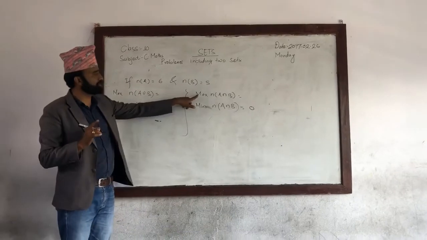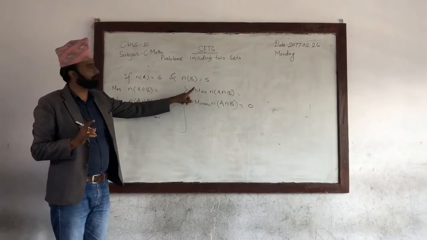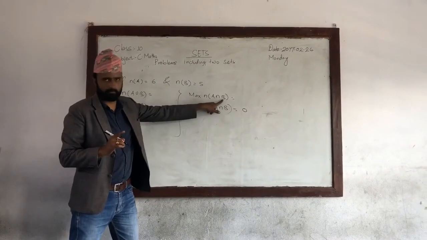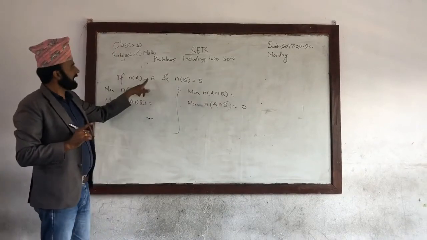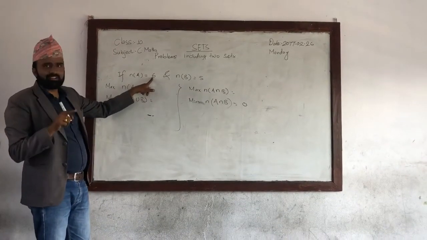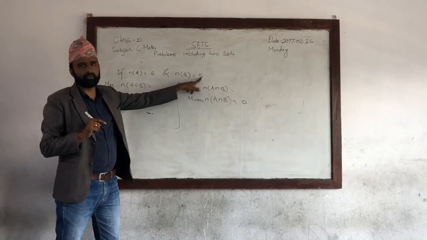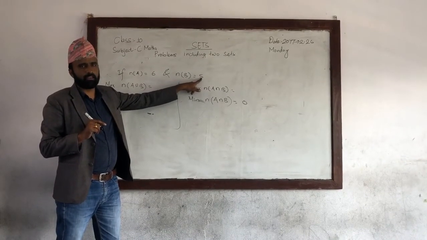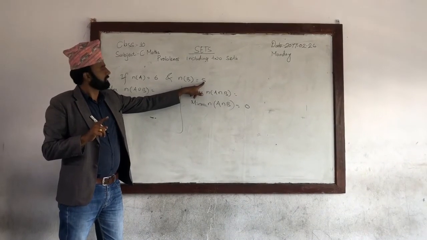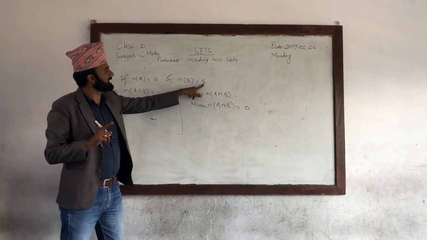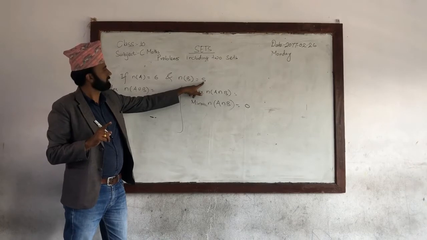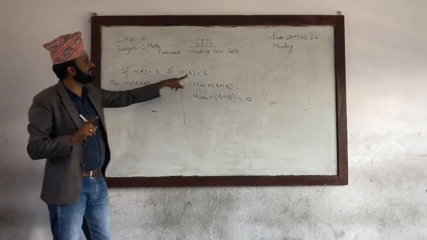Now think about the maximum A intersection B. Set A contains 6 elements, set B contains 5 elements. Can it be possible to have 6 common elements?